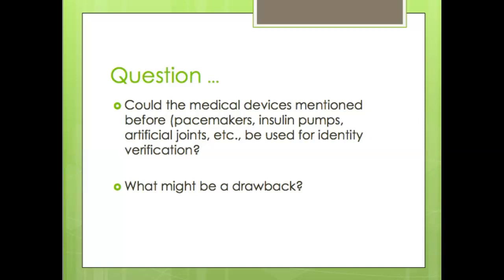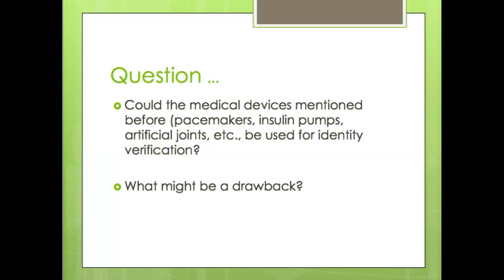They're providing some feedback, and we're using that to make decisions on your health. Insulin pumps that go into people's bodies. I mean, there are so many devices now that may be medically necessary, but then also could be used, I think, for identity verification.